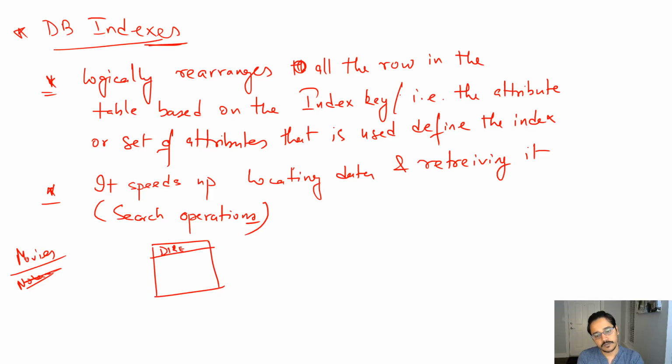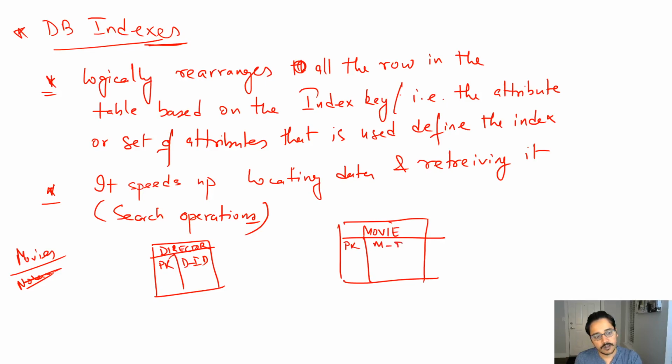Okay. And then let's say we have a table called movies. Okay. So here the primary key could be the director ID. Okay. And then here the primary key, let's assume, is something called movie ID. Okay.